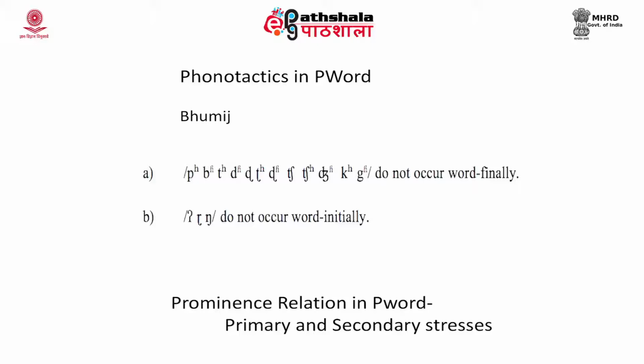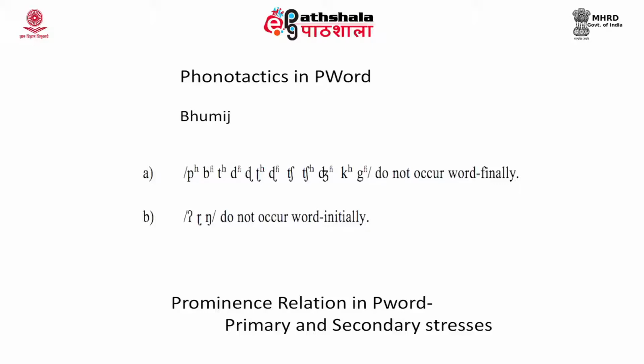Phonotactics is well known for most languages. When we talk about phonotactics, we talk about what can occur at the beginning of words and what can occur at the end of words. We have, just for example, these phonotactic constraints in Bhumij.